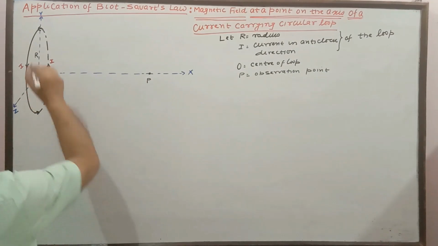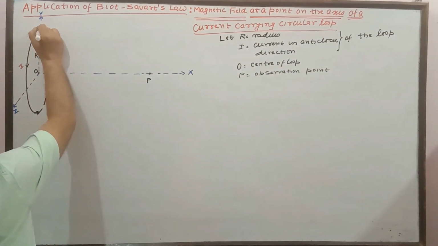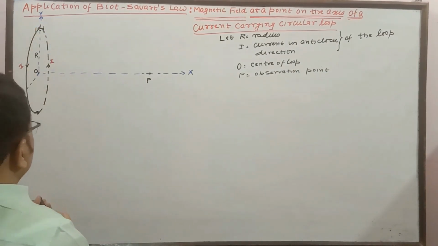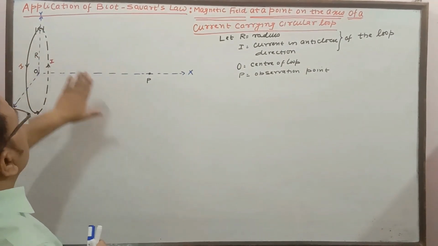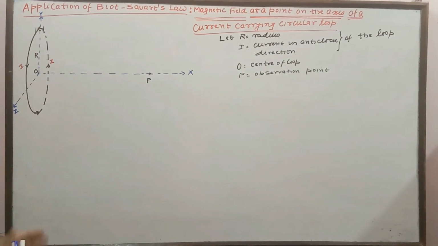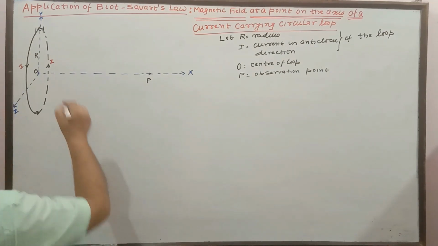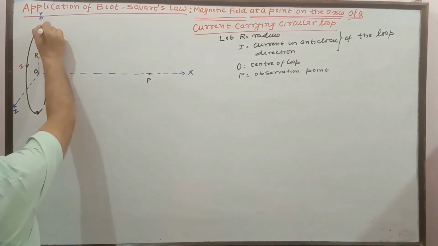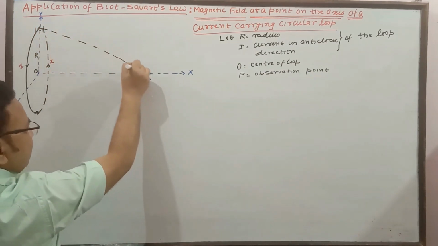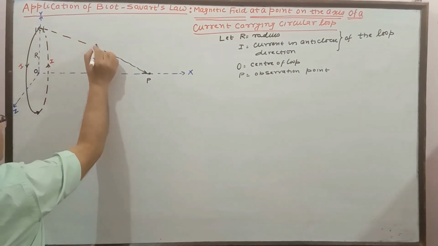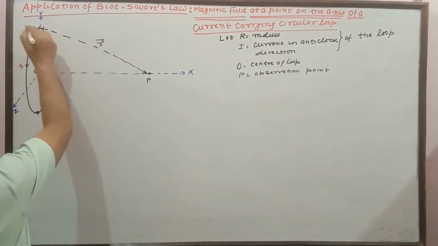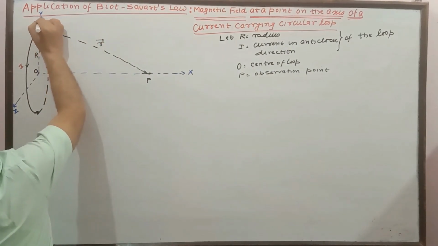Here let us assume this is the current element. This YZ plane is perpendicular to the XY plane, and this loop is in the YZ plane. So it is quite obvious that the position vector, or generally the displacement vector of the observation point, denoted by r, is perpendicular to I dl.